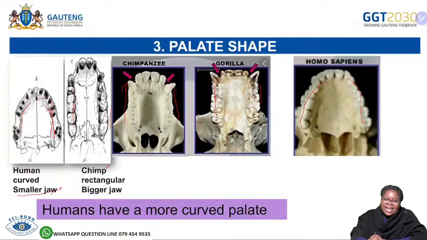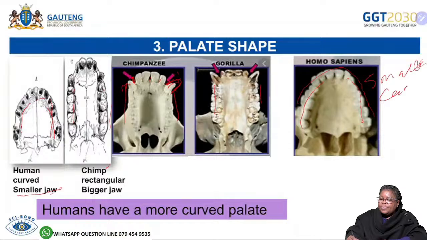We've got the larger gaps in between the teeth. Whereas in Homo sapiens, we don't have those gaps unless if you decide to remove the teeth. But then with other primates, they've got bigger spaces in between the teeth. They've got larger canines, whereas with the Homo sapiens, they've got smaller canines. Right?